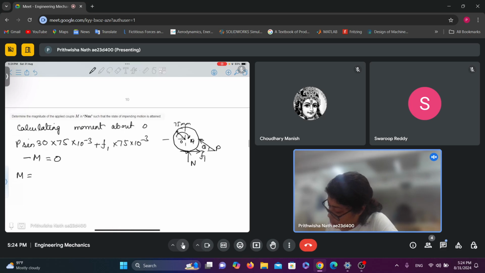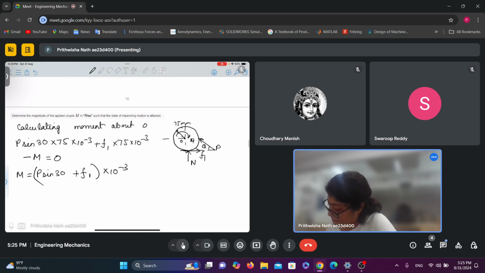So M equals P sin 30 plus F1 into 75 into 10 to the power minus 3.